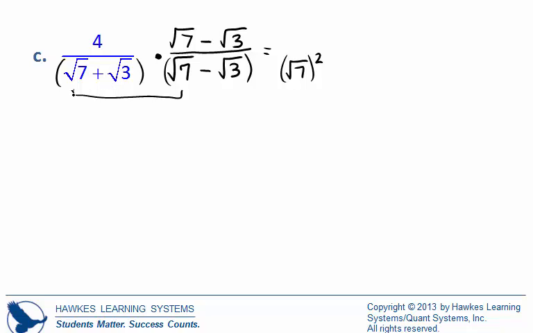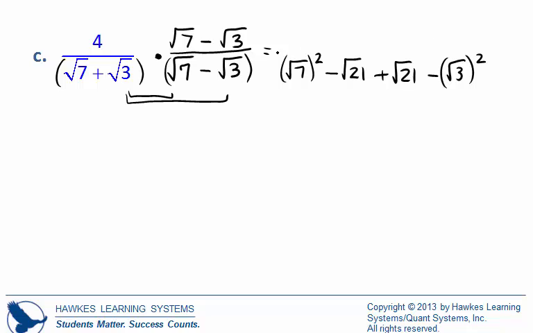Then we're going to multiply the square root of 7 times the negative square root of 3, which would be negative square root of 21. These are our outside terms. Then we're going to multiply our inside terms together, which would be these two. That would be a positive square root of 21. And then we're going to multiply our last terms together. So that would be a negative square root of 3 squared.